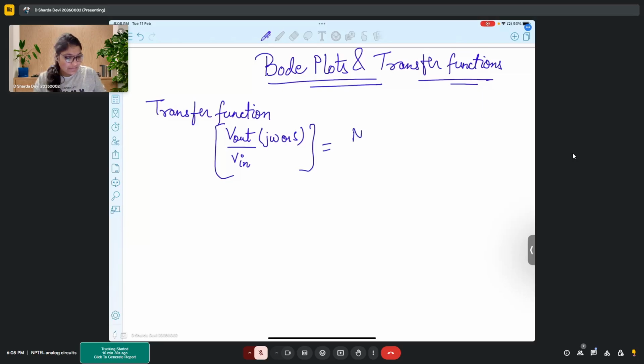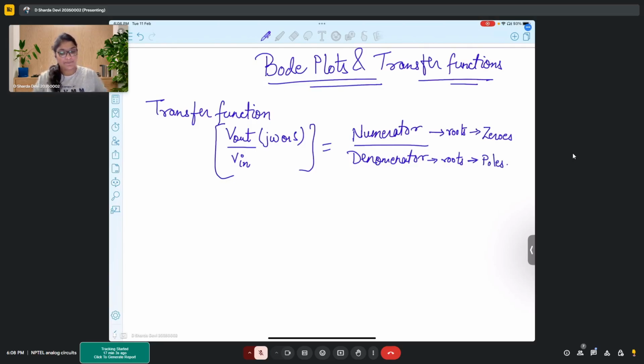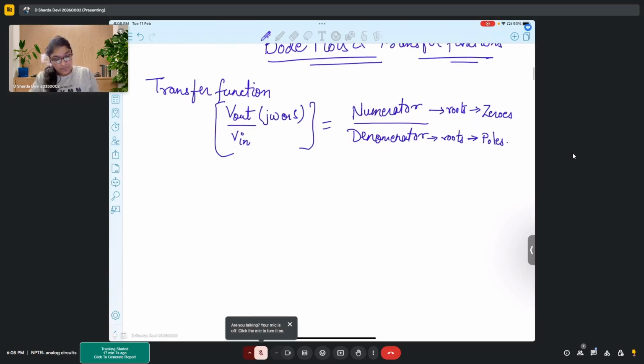So it has a numerator and a denominator. The roots of numerators are called zeros, and the roots of denominators we call poles.